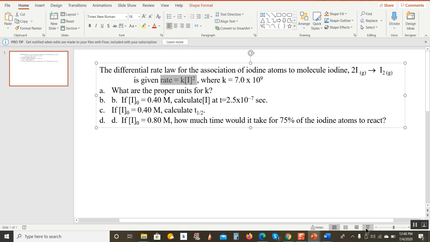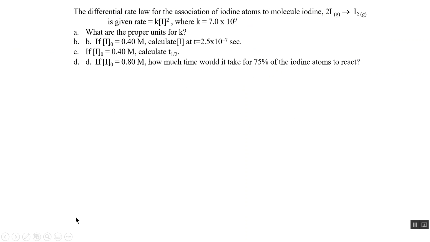So let me go into my full screen mode, choose a pen, ink, black. Okay, so to get the units for K, which is the answer to the A part, all I have to do is rearrange this equation here to get K is equal to the rate divided by the concentration of I squared.